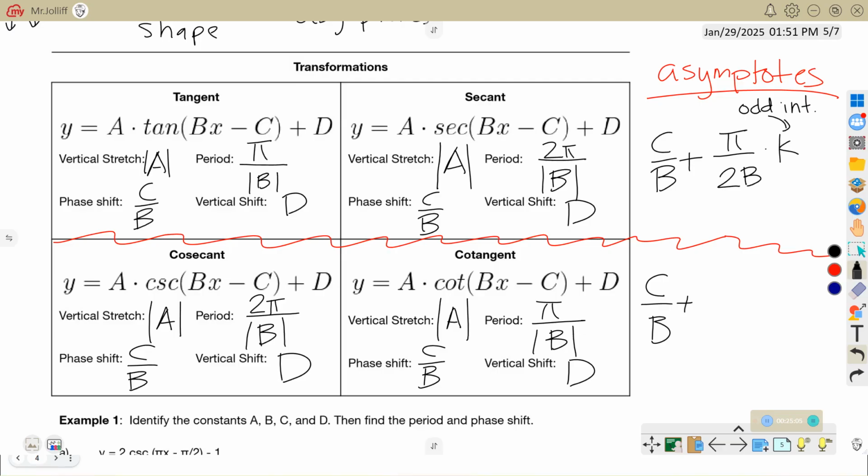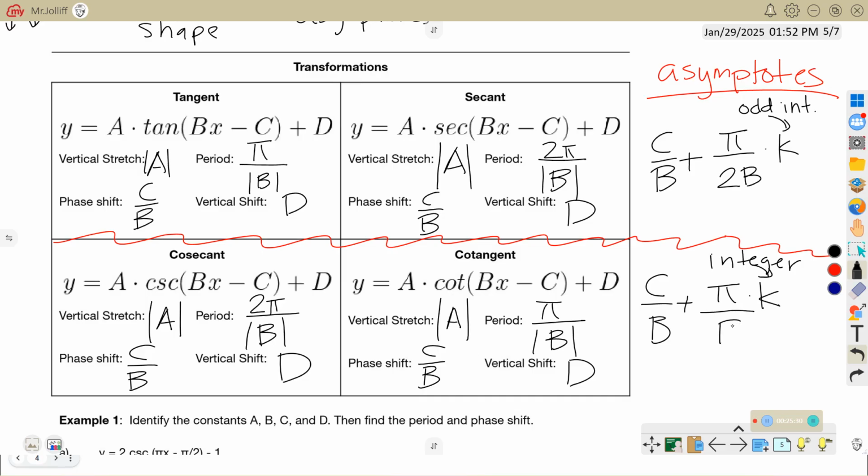Same thing for cosecant and cotangent. Their original asymptotes were every pi, starting at 0: 0, pi, 2 pi, 3 pi, 4 pi, whole numbers of pi. Same thing here. I'm just going to divide it by b. So the original was pi times k, where k was any integer.